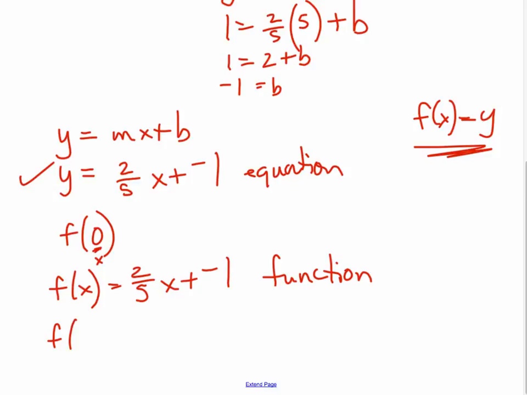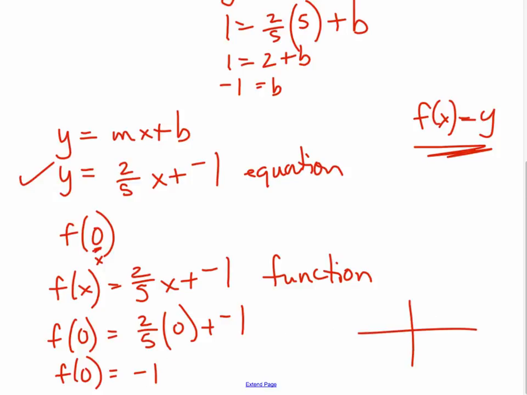Okay, so there's an x, f of 0 equals 2/5 times x, which is 0 again, plus a negative 1. Anything times 0 is 0. 0 plus a negative 1 is going to be a negative 1, equals f of 0. So the value of the function when you plug a 0 in for x is equal to negative 1. If I wanted to plot that, x is 0, here's 0 for x, and negative 1 would be right there.